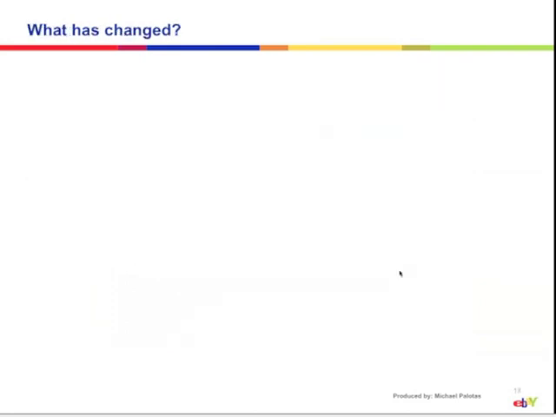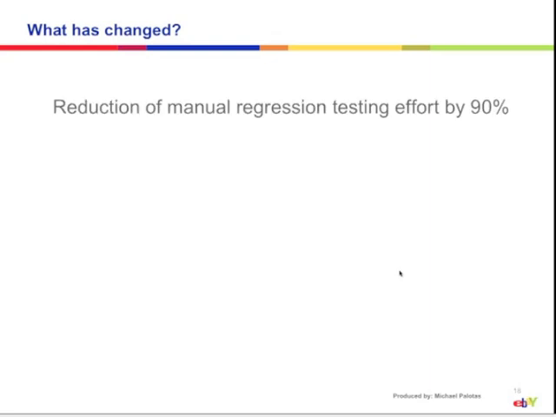Okay, so we're slowly coming to an end. What has changed? I think a lot of people have probably already seen that, but I just want to summarize it. What has changed for us is we were able to reduce our manual regression testing effort by 90%.